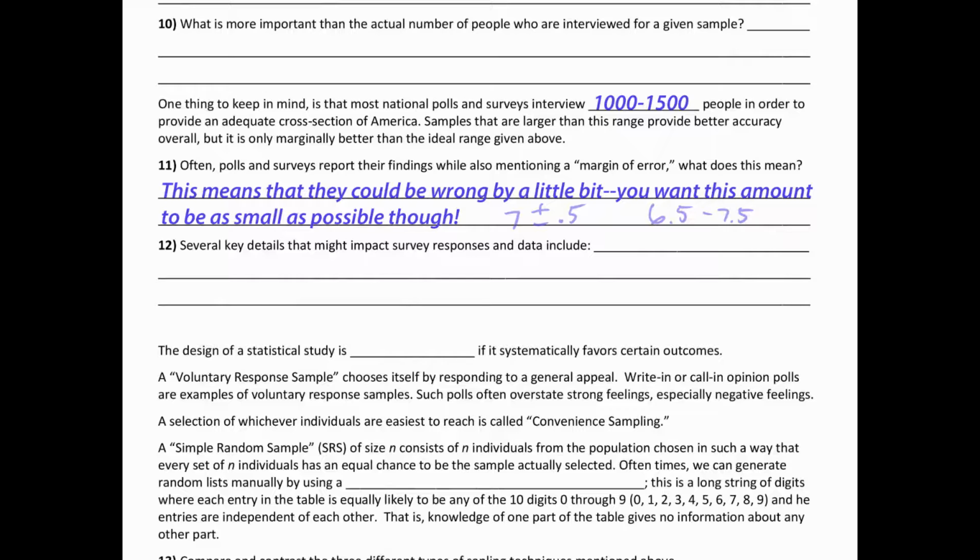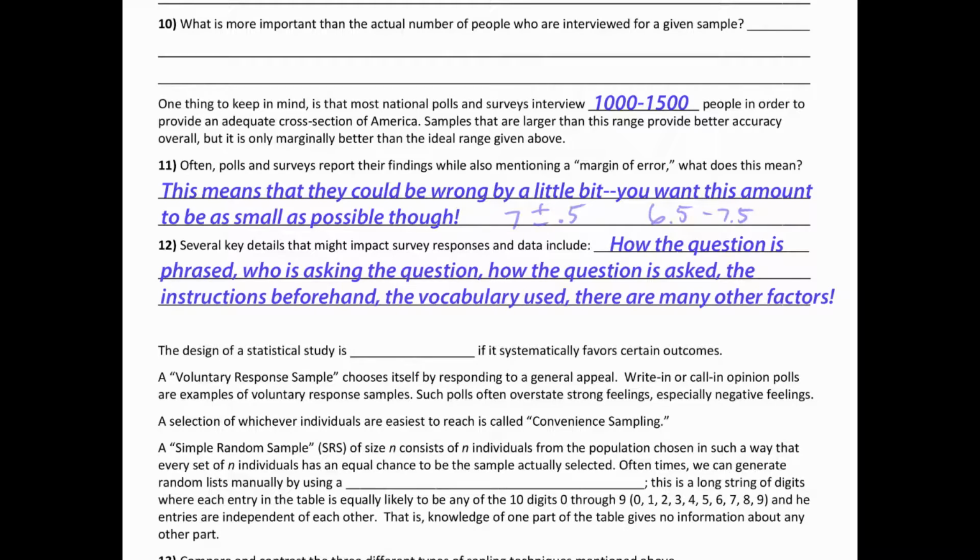Question 12, several key details that might impact survey responses and the data that you would collect could be things like how the question is phrased. Who is asking the question? If a certain political party is asking, you might be tempted to give them an answer that they would want to hear. Or if your teacher is asking you, you might want to give an answer that they would want to hear. So who is asking is important.